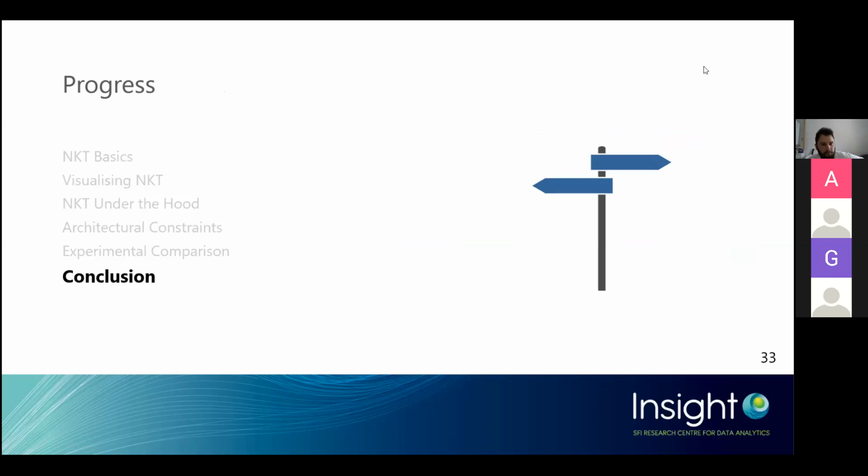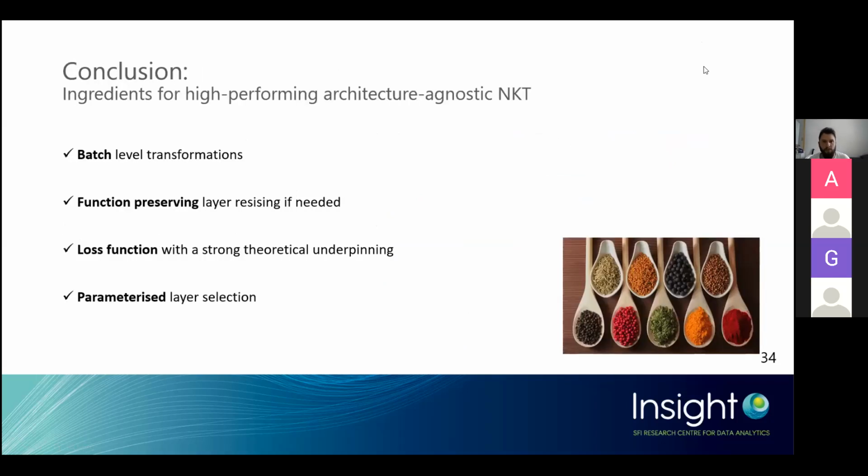And just a conclusion. What we think would be the ingredients for a high-performing architecture-agnostic knowledge transfer method would be to use batch-level transformations where you can, to avoid the layer size constraint. And if you can't do that, then to investigate using function-preserving layer sizes as opposed to random projections as a way around.